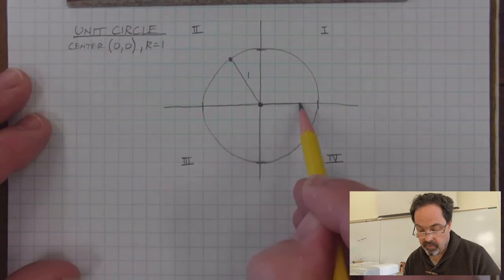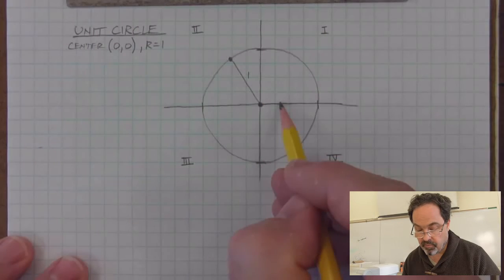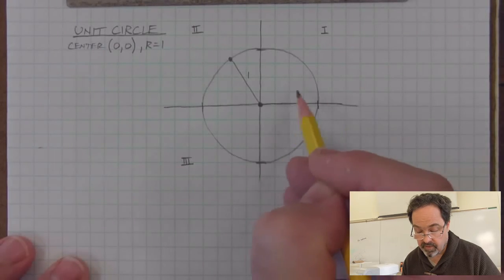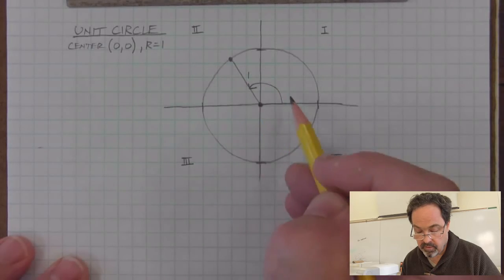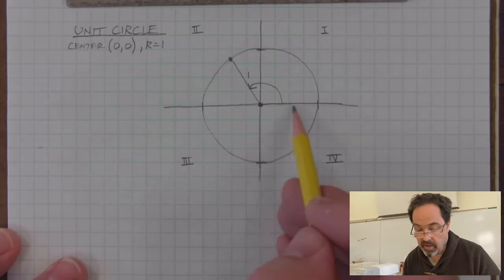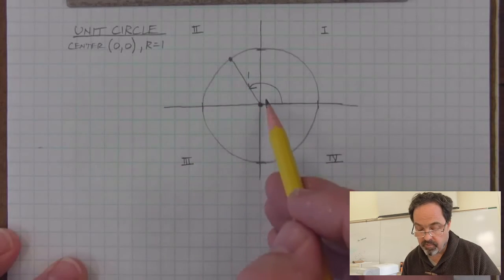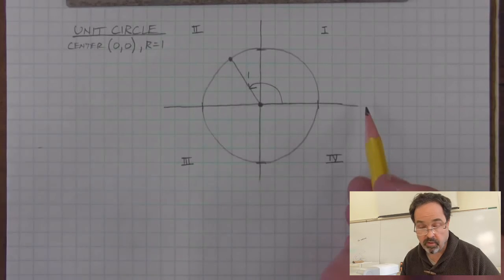And each position of a radius can be thought of as the side of an angle that starts as a rotation from the positive x-axis over to the radius. And when we think of a radius to the circle as an angle with those 2 sides, one being the radius and the other being the positive x-axis, that's what we call an angle of rotation or a standard angle.